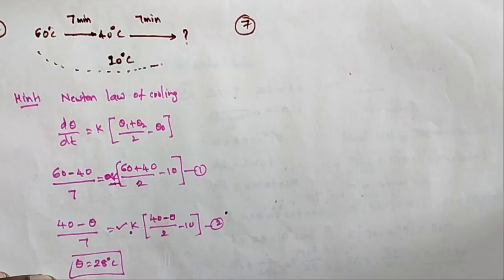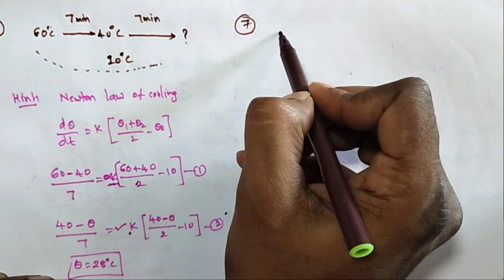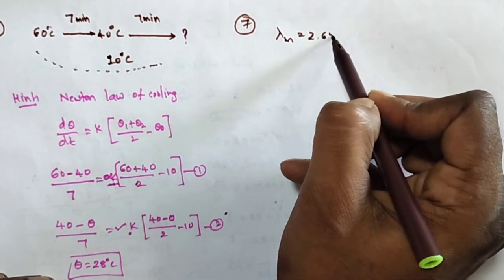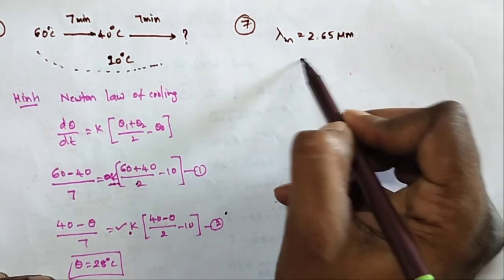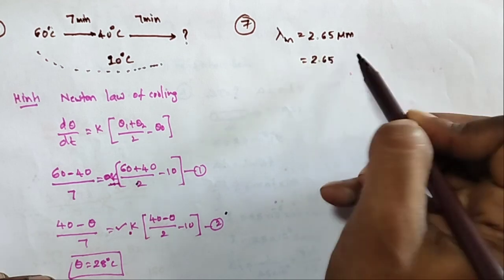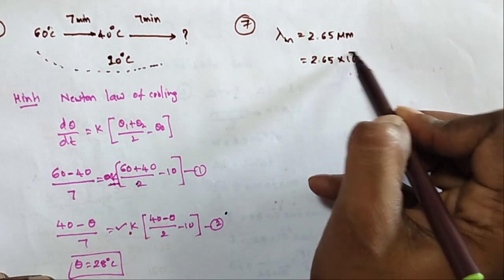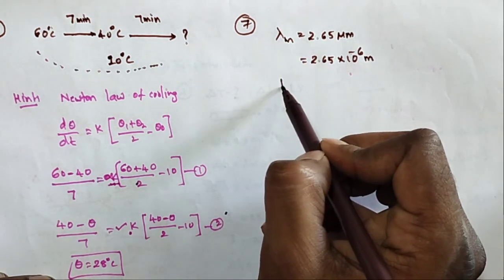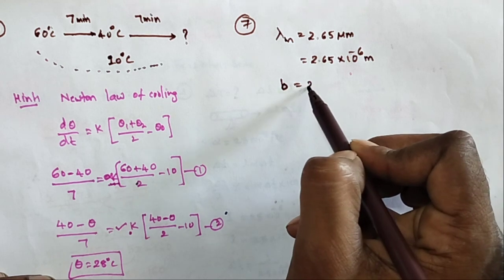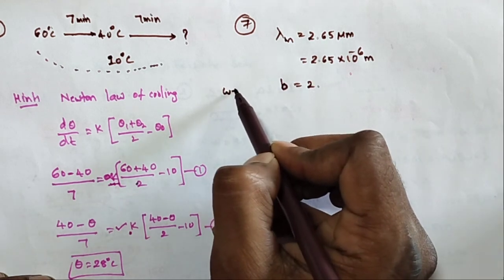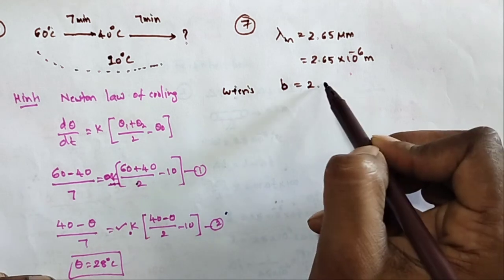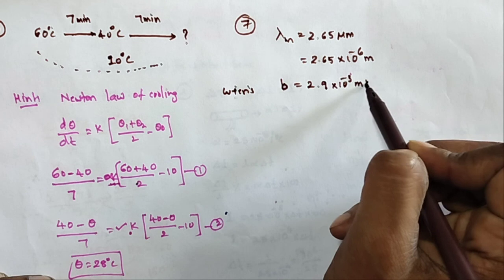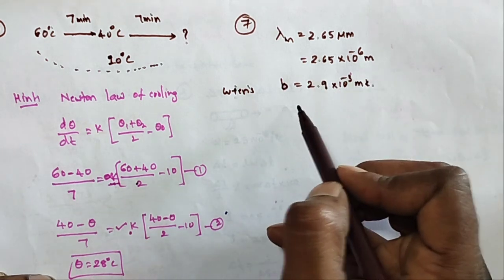So the maximum intensity wavelength lambda m is equal to 2.65 micrometer, which means 2.65 into 10 power minus 6 meters. And b is Wien's constant, 2.9 into 10 power minus 3 meter Kelvin. So find the temperature.